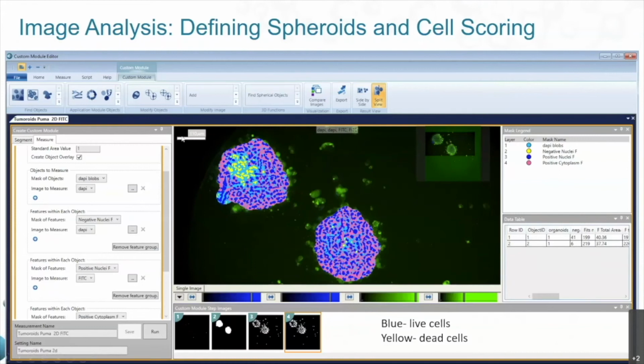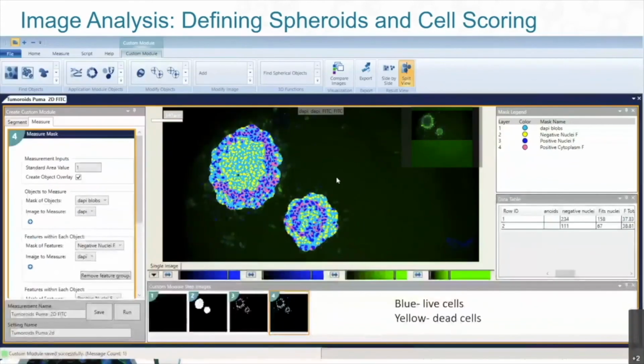Like in this example, you can see that software allowed detection of both organoids and detect number of positive or negative for calcein AM or ethidium homodimer cells. So, those numbers could be reported for live and dead cells for each of the spheroids. So those spheroids are mostly alive, and those which have a lot of dead cells, you can see it with yellow stain, and you can report it with the numbers.